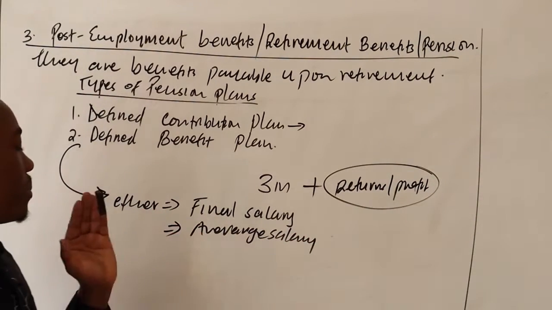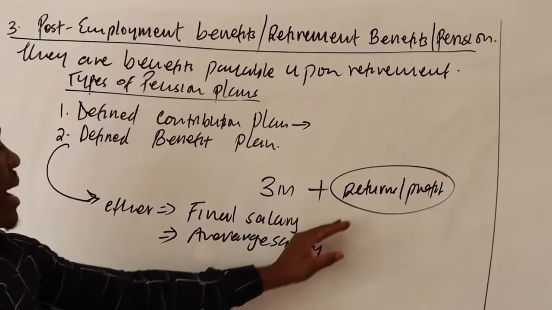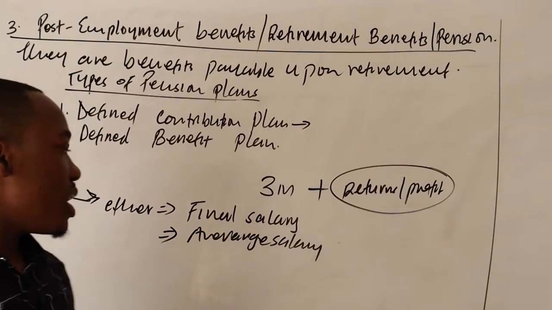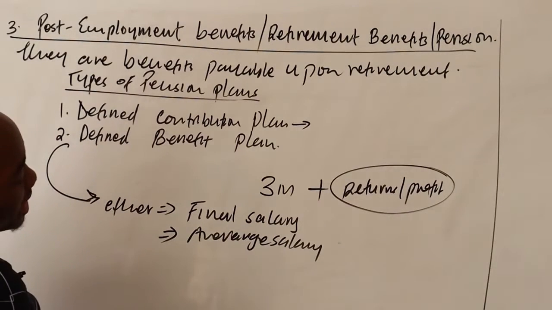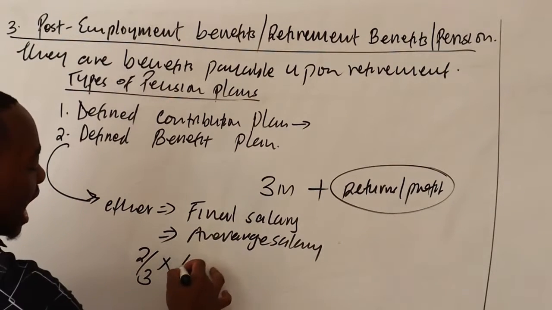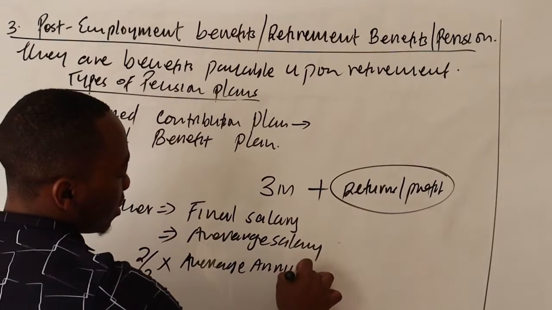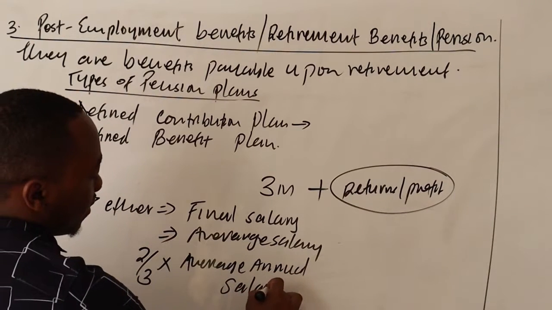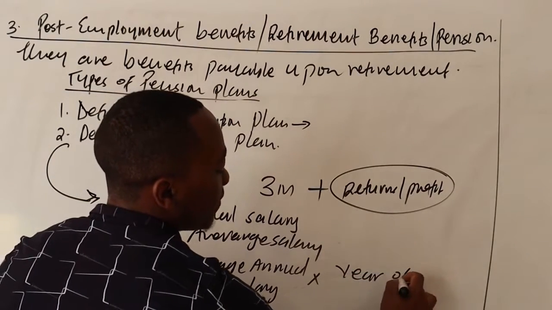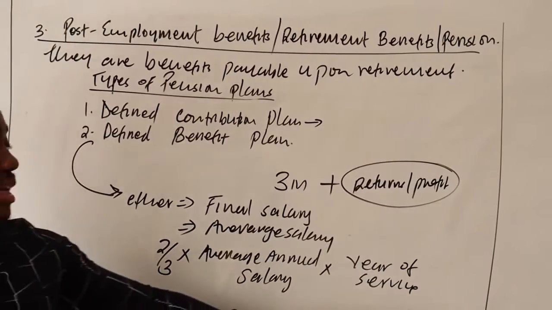This computation will be based on what we call actuarial assumptions. For example, they might decide that they take 2/3 of your average annual salary and then multiply by the number of years of service. So take the average salary times the years of service.